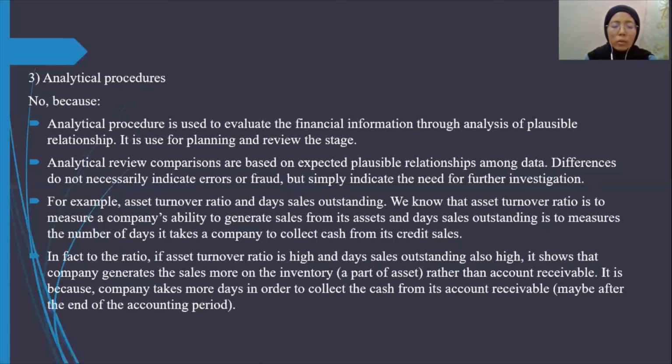So for the relationship between these two ratios, if the asset turnover ratio is high and the days sales outstanding is also high, it shows that the company generates sales more from other parts of the asset rather than the account receivable. It is because the company takes more days to collect the cash from its account receivable, and maybe they collect the cash after the end of the accounting period.